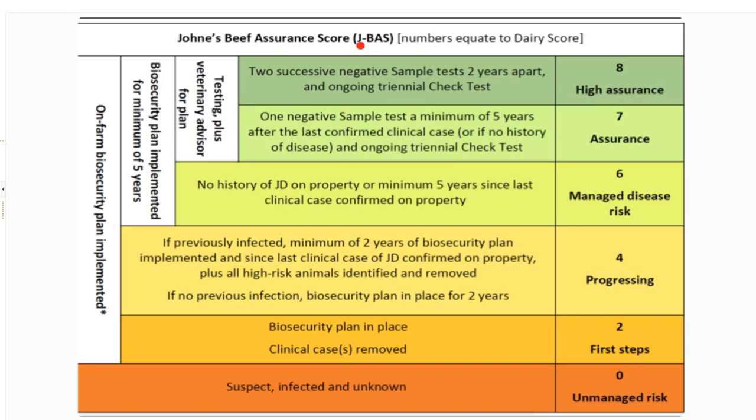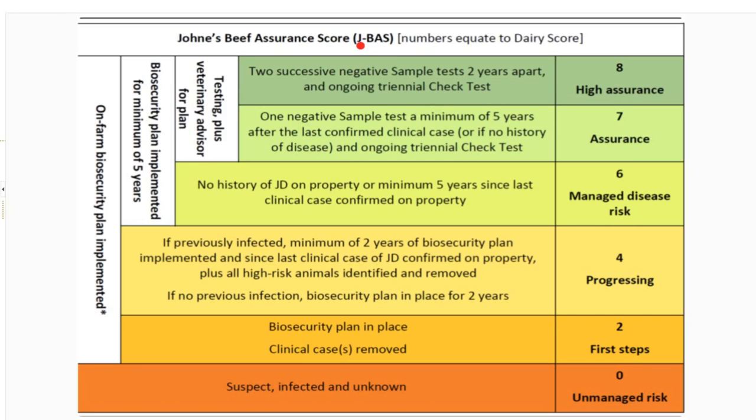All the other herds that might be infected will be 0. At the end of this financial year, those herds which don't have a biosecurity plan in place will drop down to 0. The idea is to make sure that people who are doing nothing to control the disease don't get a free ride.